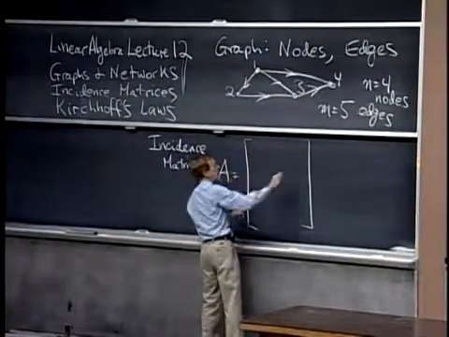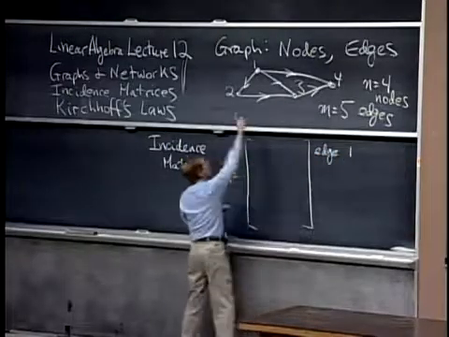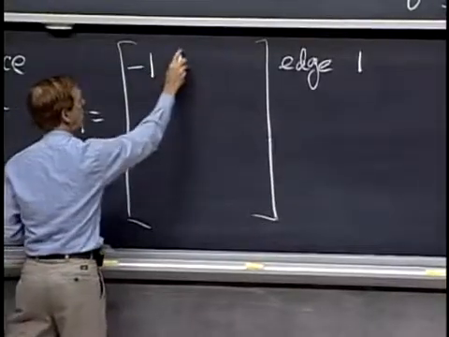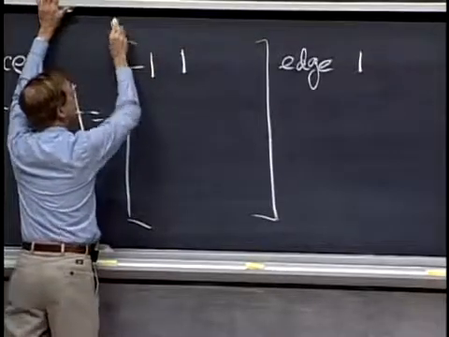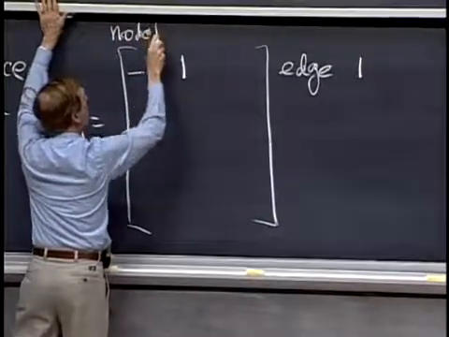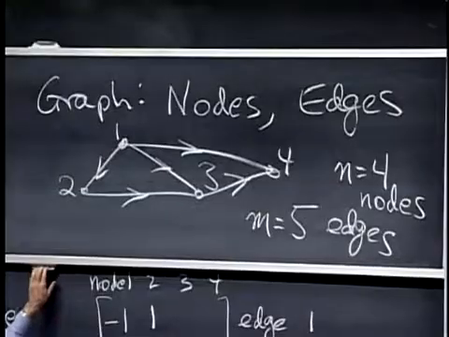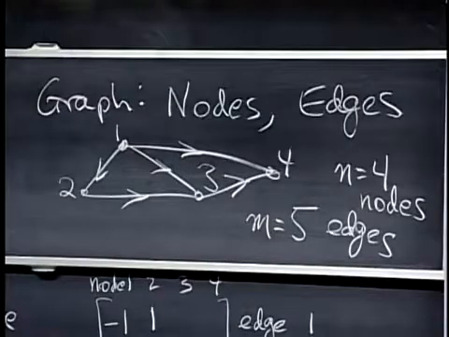Let me write down again what this graph looks like. Okay, the first edge, edge 1, goes from node 1 to 2. So I'm going to put in a -1 and a +1 in, this corresponds to node 1, 2, 3, and 4, the 4 columns. The 5 rows correspond, the first row corresponds to edge 1.